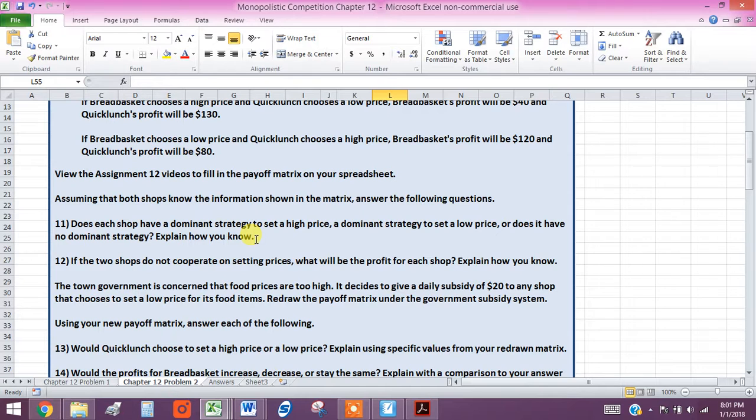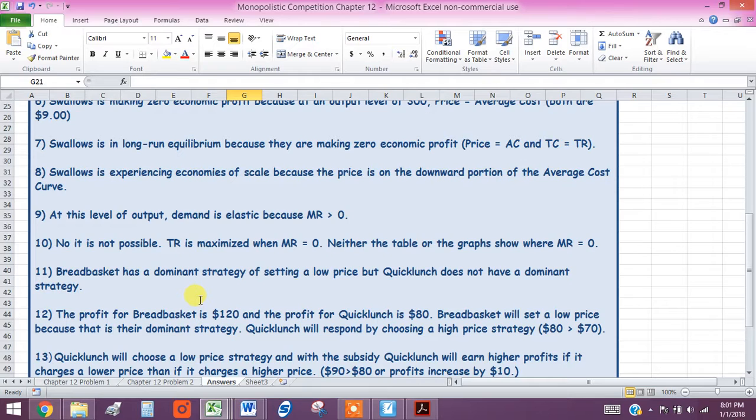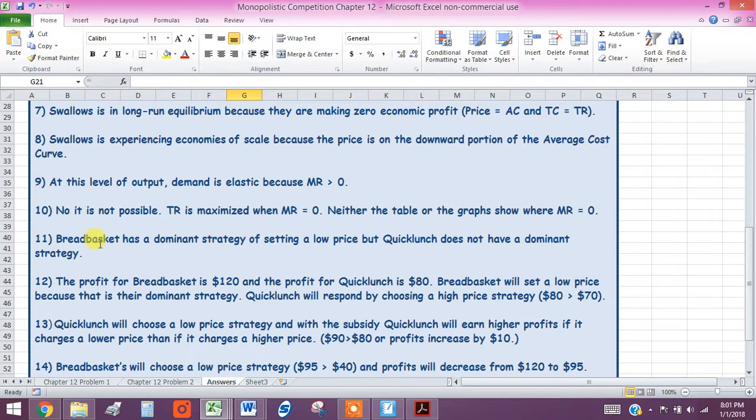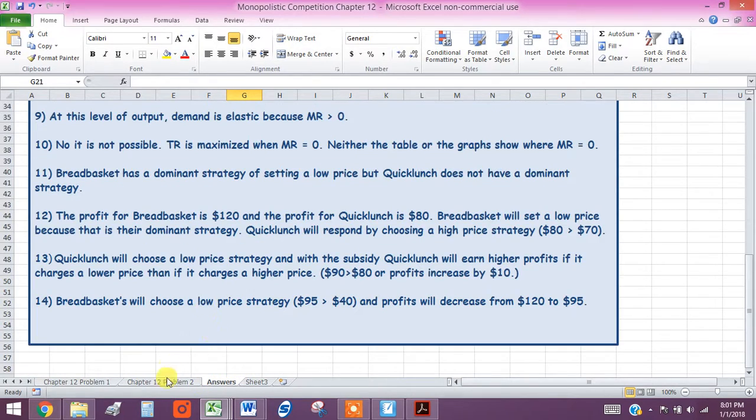Well, the answer is, let me just get to the answer. So Bread Basket has a dominant strategy for setting a low, but Quick Lunch does not have one. And we just saw that when we looked at our matrix.